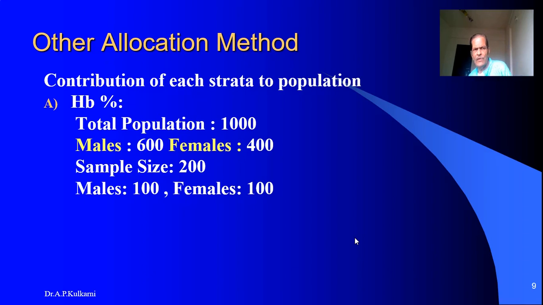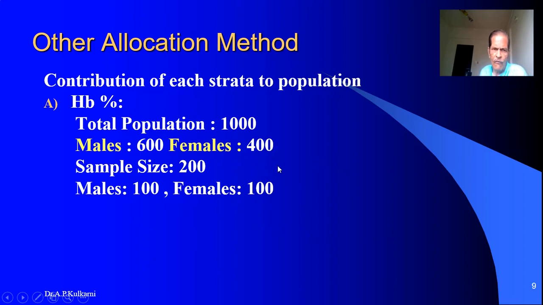The other method by which the allocation can be done is that we do not consider the sampling fraction, but we allocate them in equal number. For example, the sample size in that case was 200. So without giving any consideration for sampling fraction, we draw a sample of 100 males and a sample of 100 females.